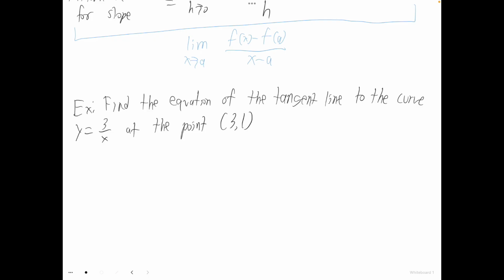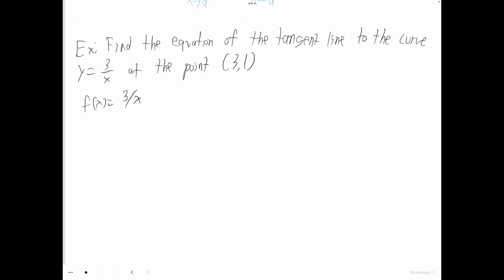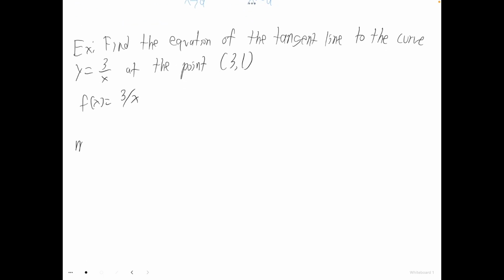And so in this case, our f of x is going to be 3 divided by x. Now we want to find the slope to start with. So our slope m is the limit as h goes to 0, because we're going to use our second formula, of f of 3 plus h minus f of 3 divided by h.